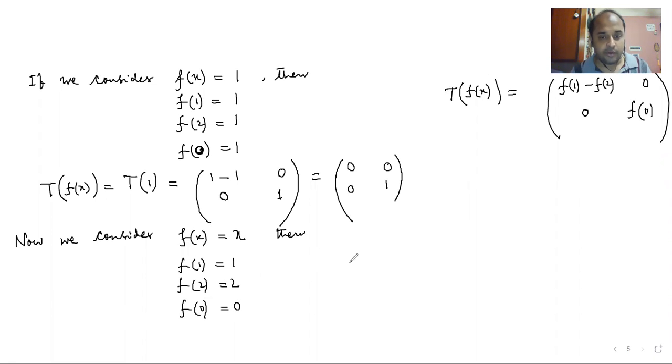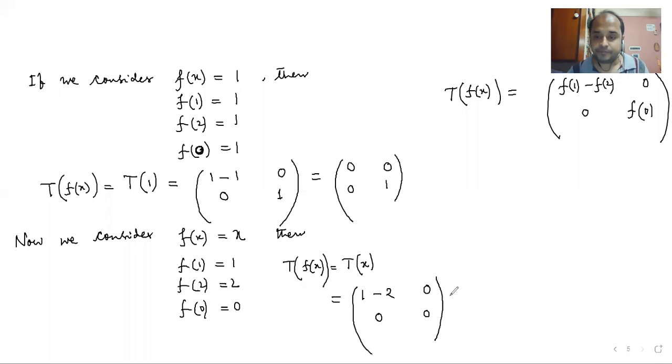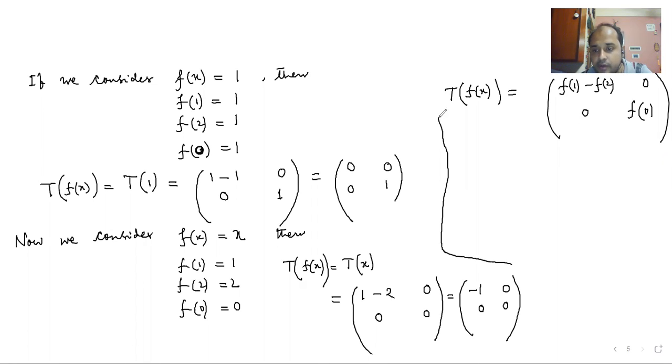So in this scenario, T of f(x) becomes T of x, and that becomes f1, this means 1, minus f2, that is 2, which is minus 1, then 0, 0, and f0 will be 0. So that will be minus 1, 0, 0, 0. I am writing over here so that all the points will be in front of you.